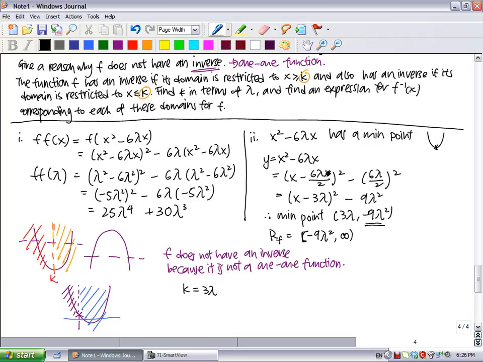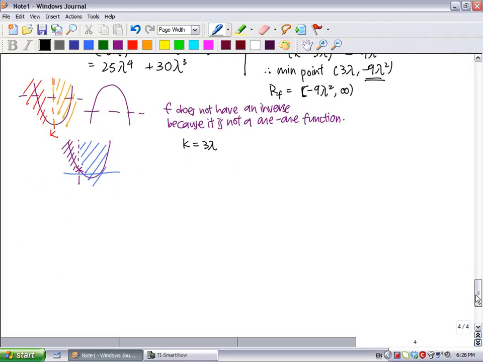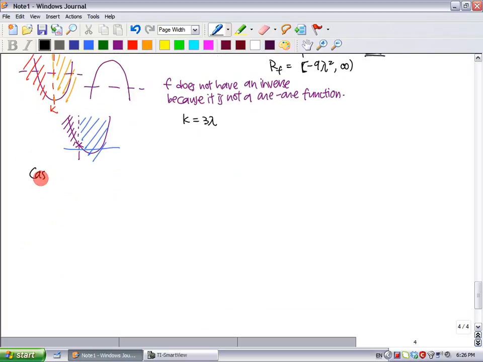Okay, and from then on I'm supposed to find the expression for f inverse x corresponding to each of these domains. So my case 1, x needs to be less than or equal to 3 lambda, and case 2, x greater than or equal to 3 lambda. y equals x squared minus 6 lambda x.